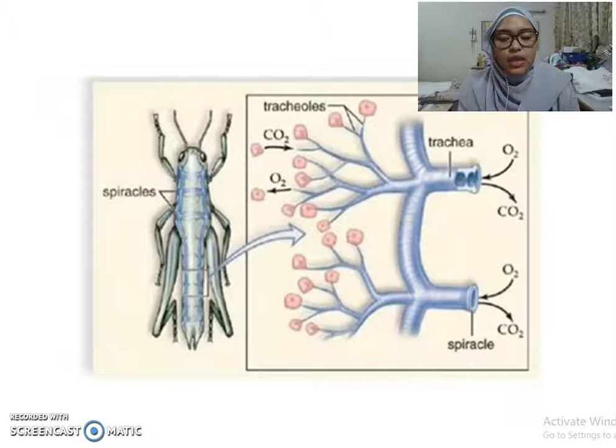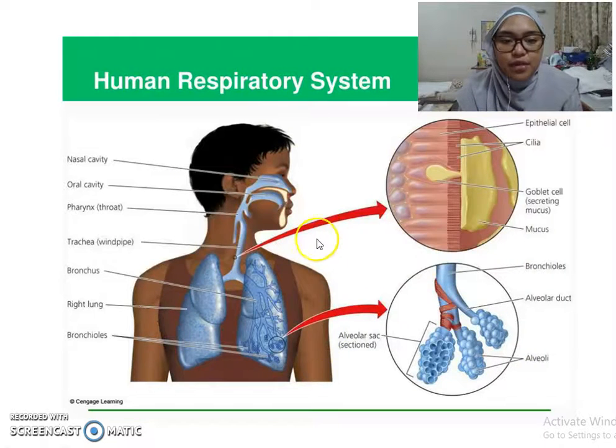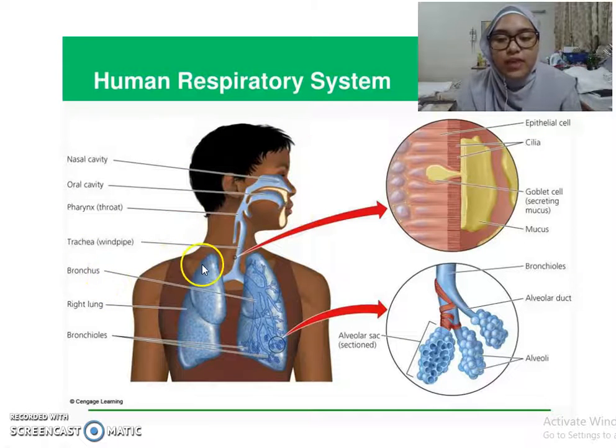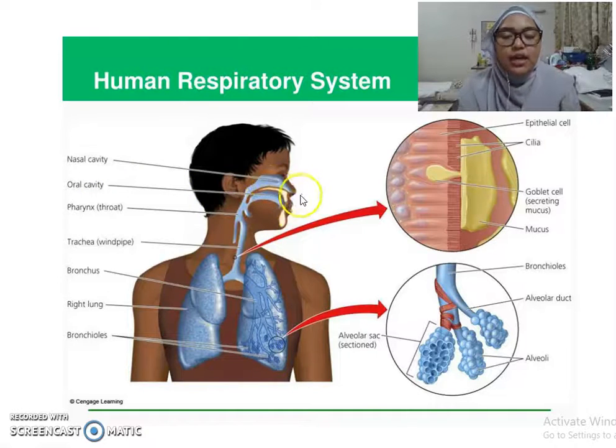Okay, it is different from the human, where it is more complicated, as we can see here. The respiratory system of a human consists of the nasal cavity and the oral cavity, where we can inhale through our nose or our mouth.